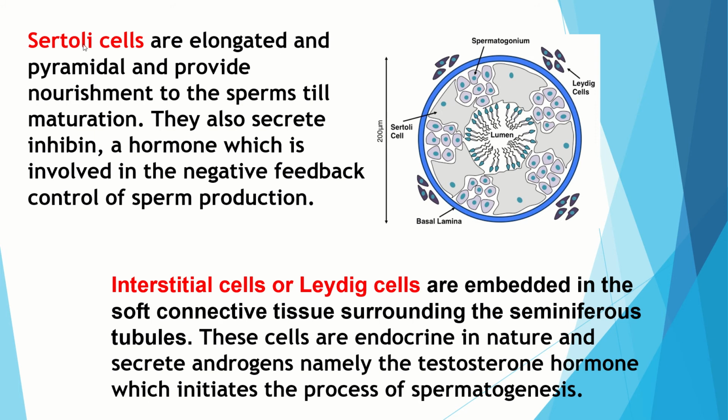And next one is the Sertoli cell. It is otherwise called the nurse cell, which nurtures the sperm and gives nutrition to the sperm for maturation. This Sertoli cell is located inside the seminiferous tubule. When we take a transverse section of seminiferous tubules, we can find these oval-like structures, a lot of circle-like structures.